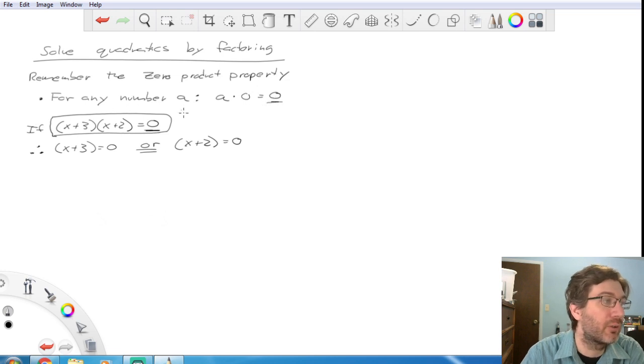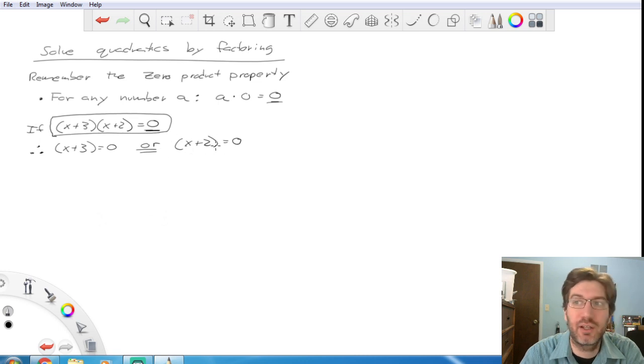That means that either x + 3 has to equal 0, either this factor has to be 0, and then 0 times this would be 0, or your second factor has to be 0, so this would equal 0 times that equals 0. So if I wanted to solve this using my zero product property, I break it into these two statements, and then I solve both of these statements.